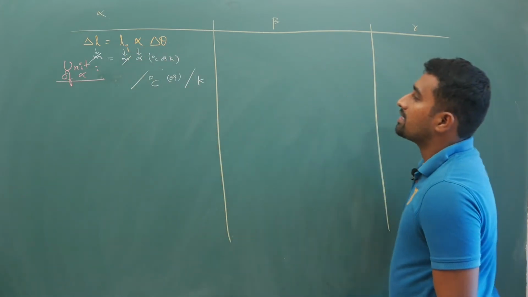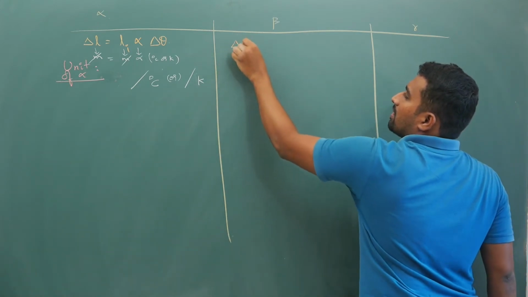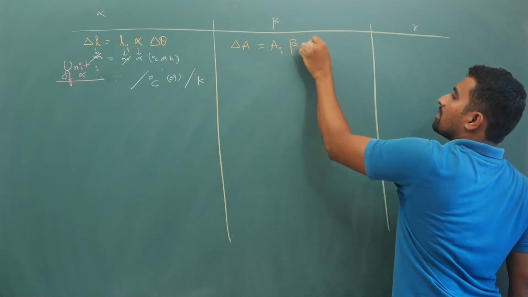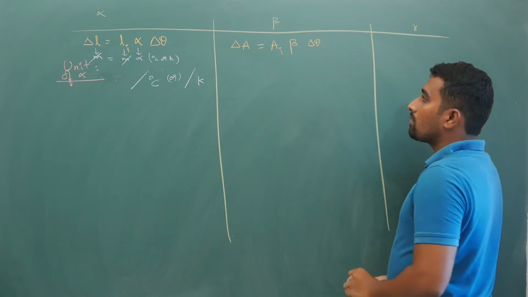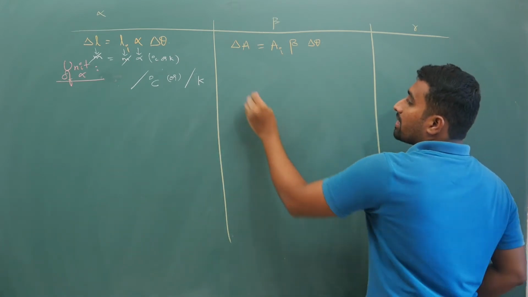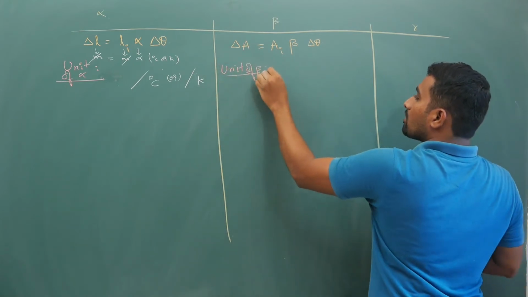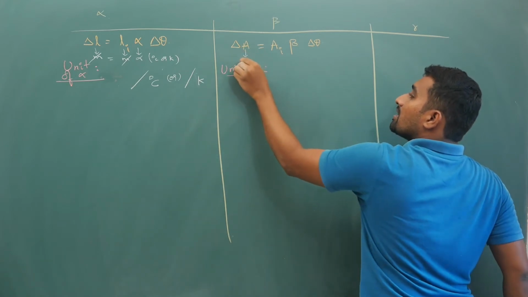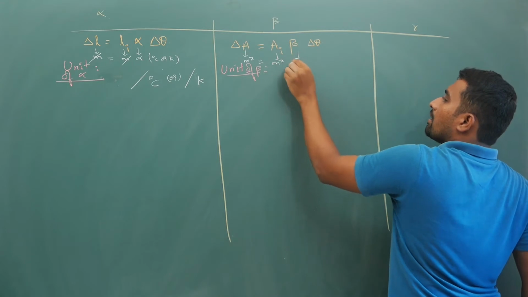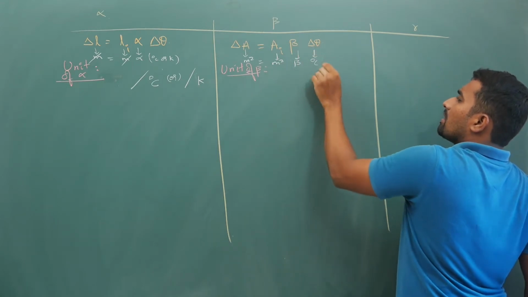Next, coming to areal expansion. Your delta A is A initial into beta into delta theta. The unit of beta is not going to change, because area has unit meter square, the initial area is meter square, and delta theta is degree centigrade or Kelvin.